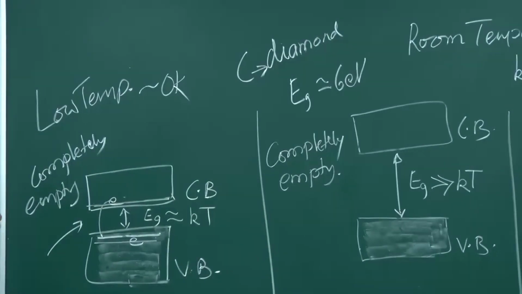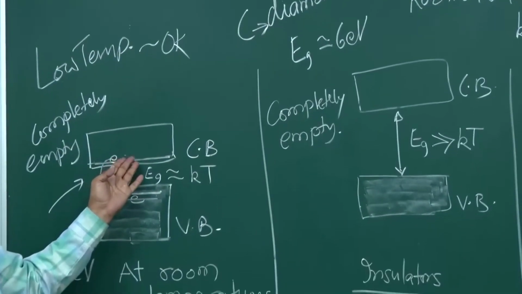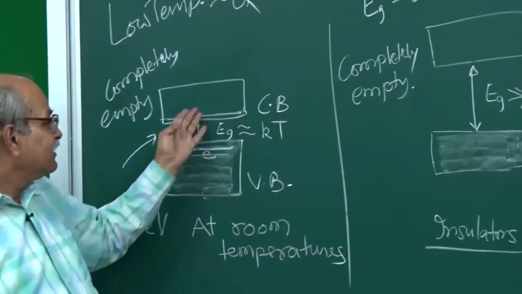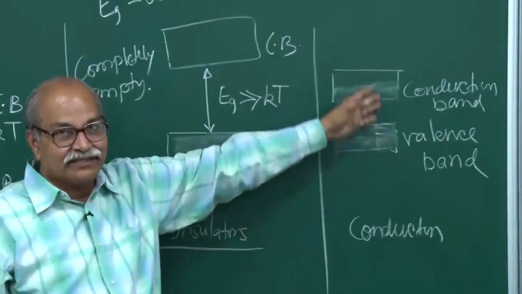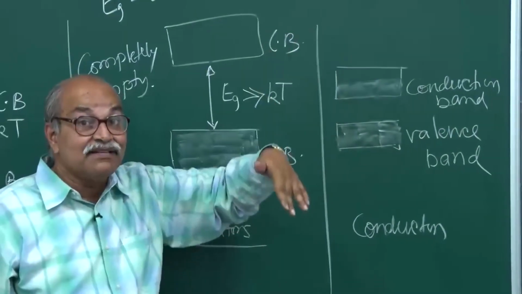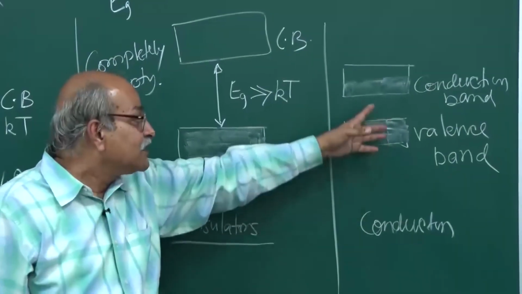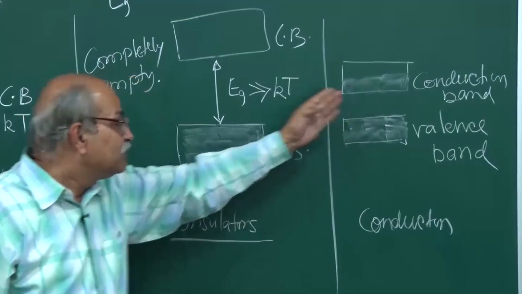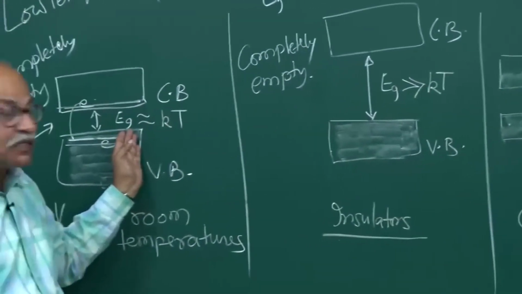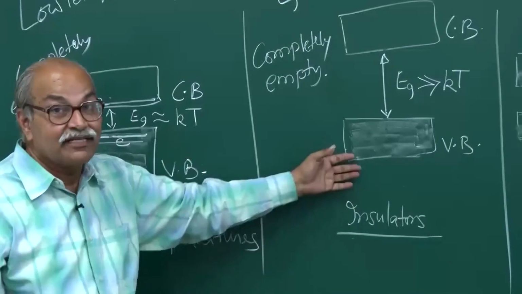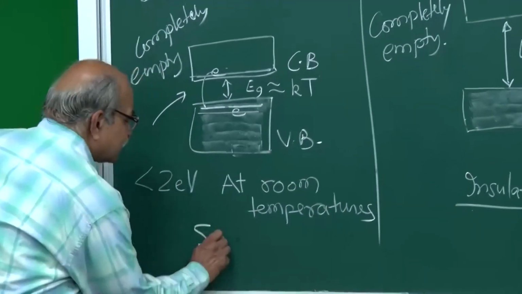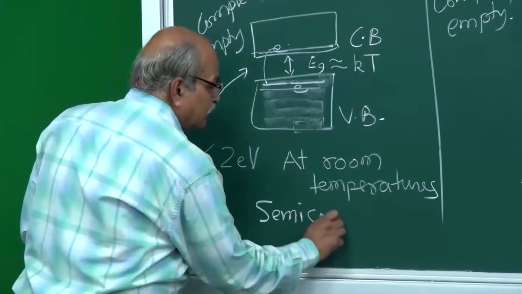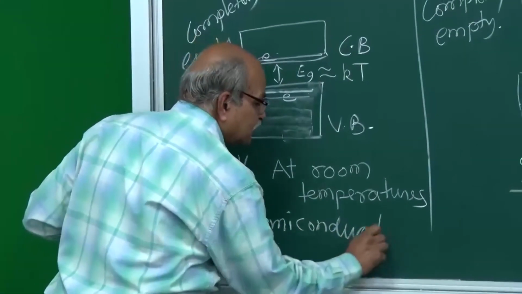Of course, the number of electrons or vacant states here is still very small compared to the conductor case, and therefore the electrical conductivity will be very small compared to a conductor, but compared to an insulator it is very, very large. That is why these kinds of materials are called semiconductors.